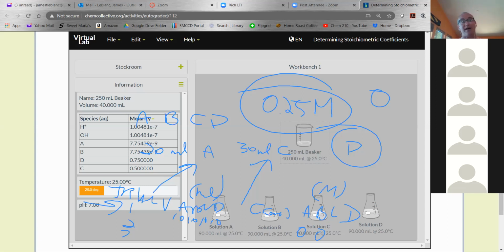Then my next trial would be changing something to see exactly what I need to add so that no reactants are left over, and there's nothing but product at the end.